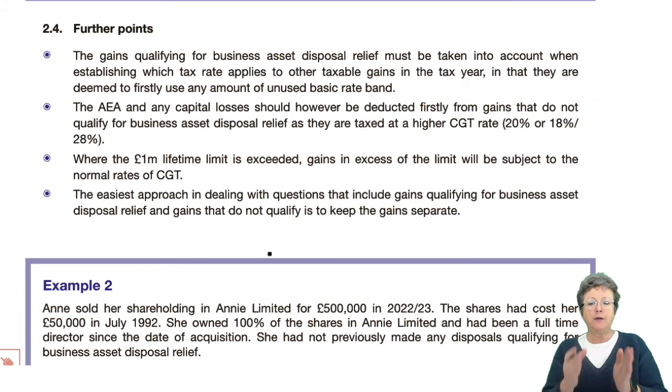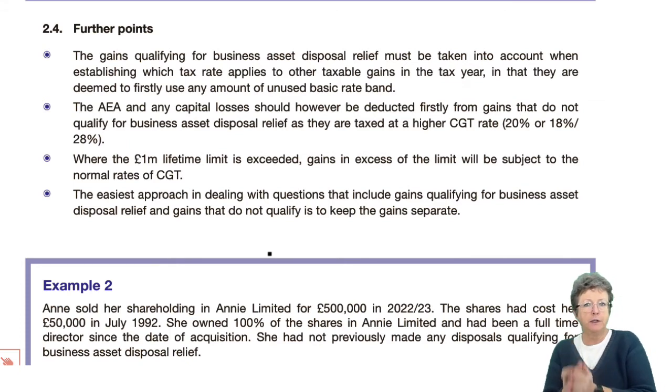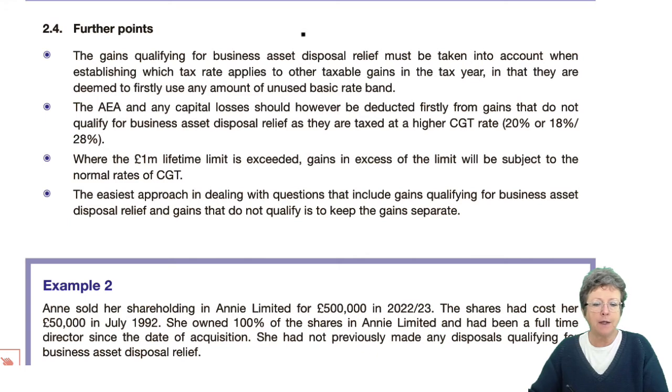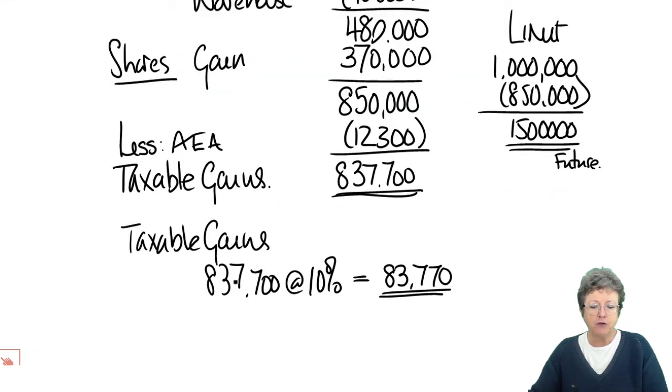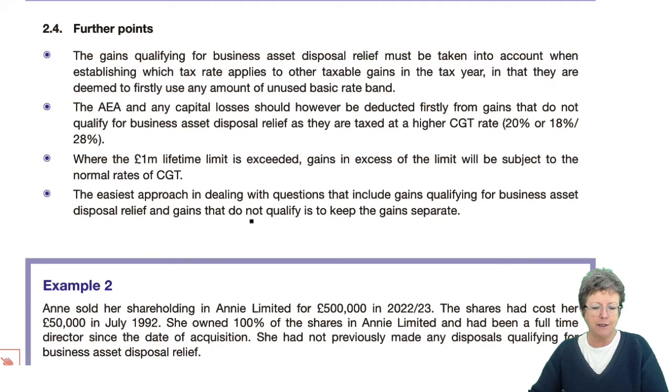If you've got assets that qualify for business asset disposal relief, they are deemed to use the basic rate band up first. And obviously, if you look at this question that we've just looked at, it's very clear that 837,000 is going to use up anybody's basic rate band. And that's normally the case you'll find with these things.